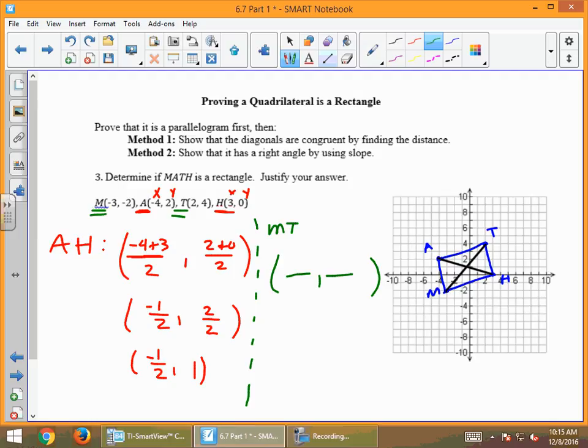Leah? The x values would be -3 and 2. Good. We're going to add those up. Divide by 2, column. What are our y values with M and T? What's the y value of M? -2. Good. What is the y value of T?